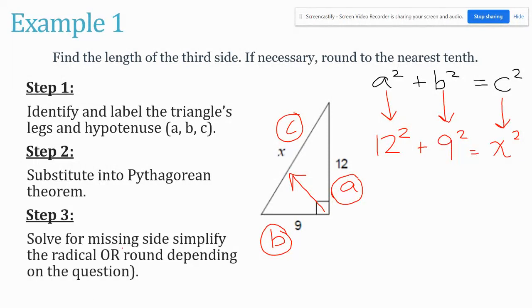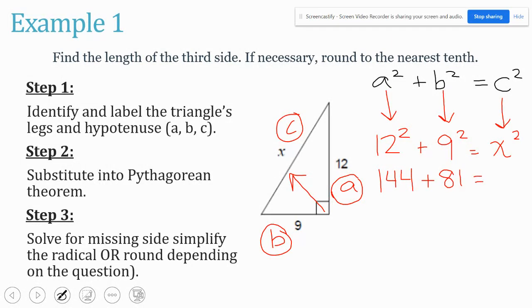Now from there, we're going to solve this equation, and then we're either going to leave it in simplified radical form, it could be a whole number, or we're going to round to the nearest tenth depending on the question. So 12 squared, 12 times 12 is 144, plus 9 squared is 81, 9 times 9.